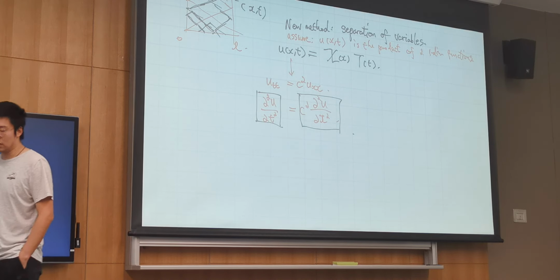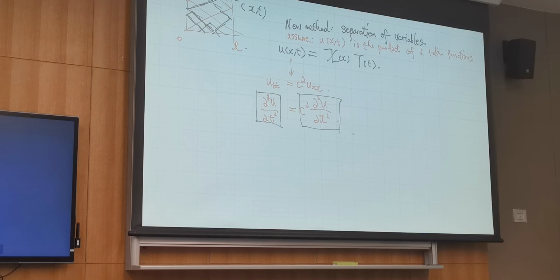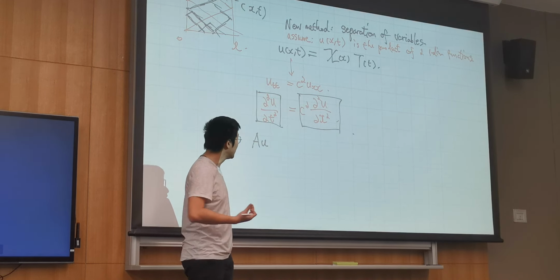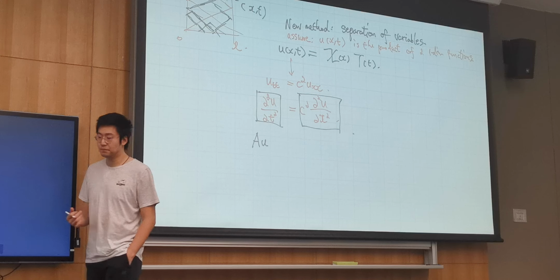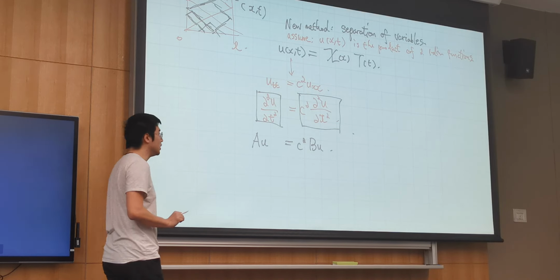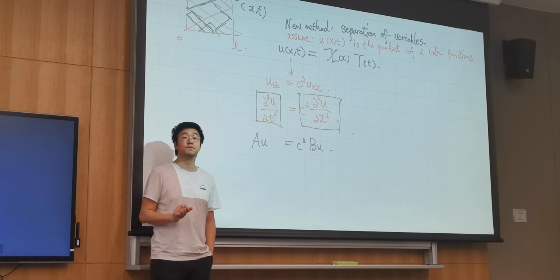Then the left-hand side is equivalent to something like Au, where A is a matrix. If u is an n-dimensional vector, then A is an n by n matrix. Au equals c squared Bu.